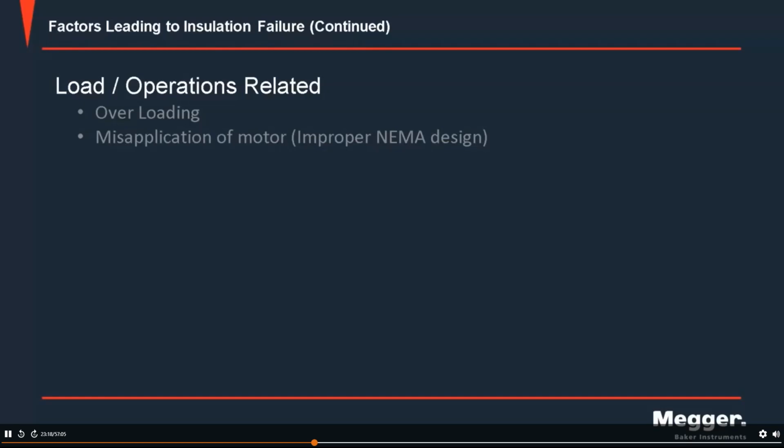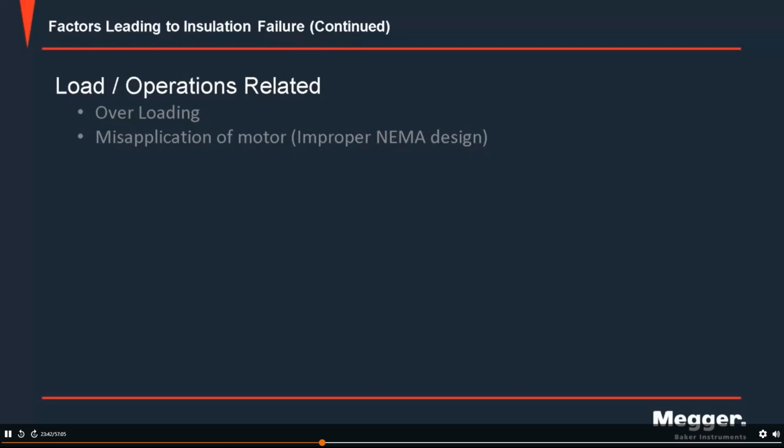Maybe we got the wrong motor for the job. I know early in my experience in the paper mill, we found many cases where there were motors with the wrong NEMA design. You put a motor in there with a NEMA B design where it needed a C or a D, and now we're taking forever to start that motor up. It does actually do the job, but it's not doing it efficiently.